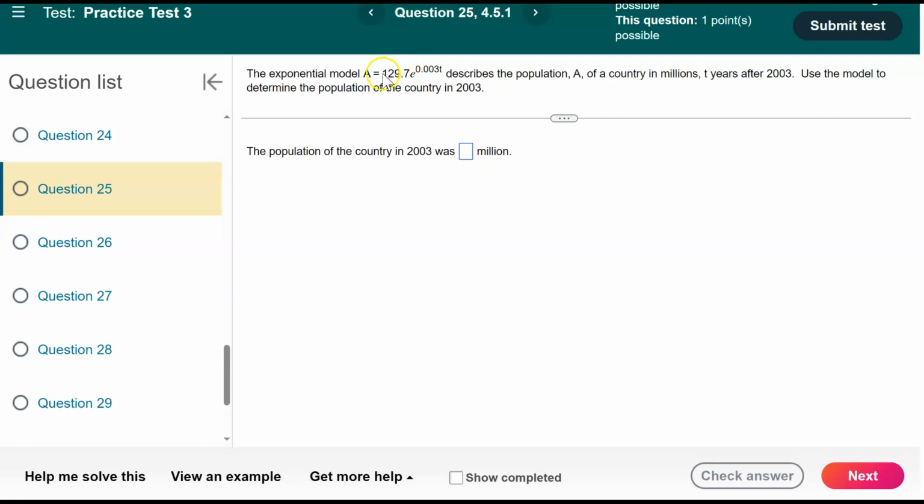So the answer is just this, 129.7 million. In other words, you just replace t by 0 and then you solve for A. E to the 0 is 1. So that gives you 129.7 million as the answer.